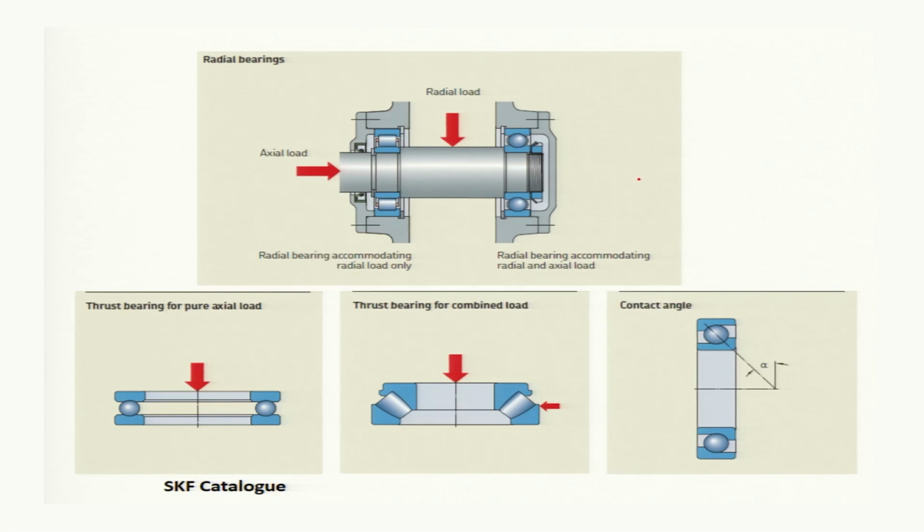This figure is taken from the SKF catalog. This figure shows you the load the rolling element bearing may bear. On a shaft, there may be a radial load, and there may be an axial load.